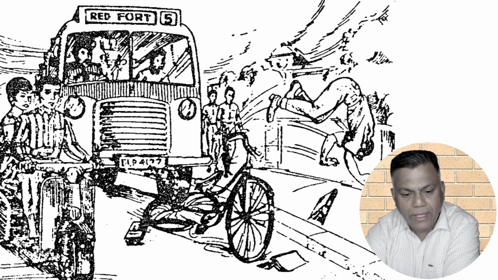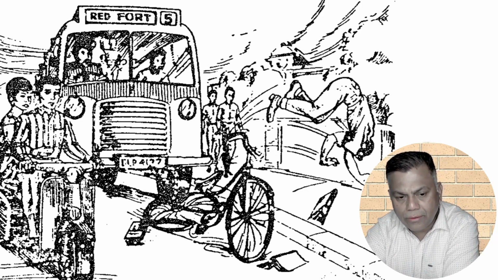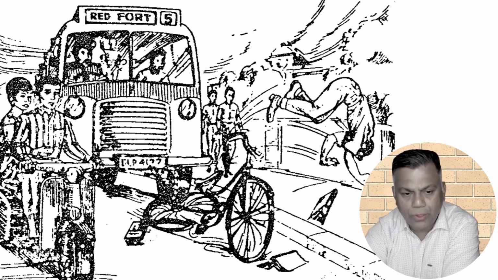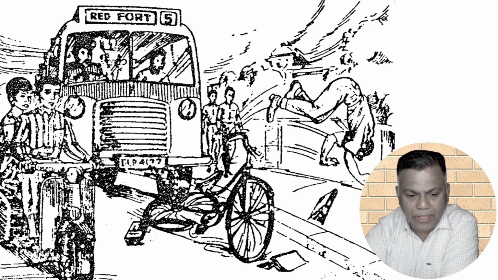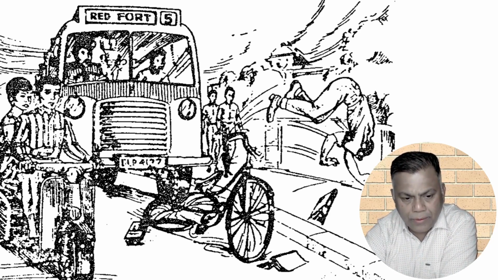The cycle has been hit by a bus. You can see the driver and a co-passenger, and you can also see one person standing in the bus, probably holding the railing on the top. The bus has a registration number, probably DLP4122 or 77, whatever.